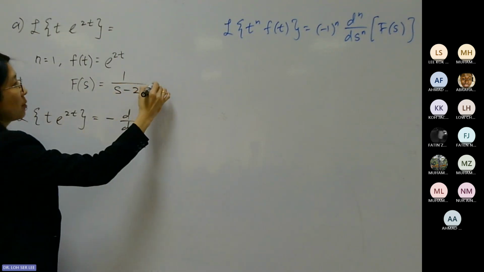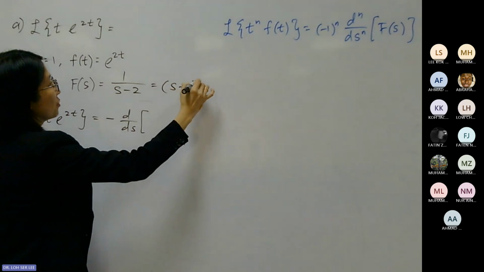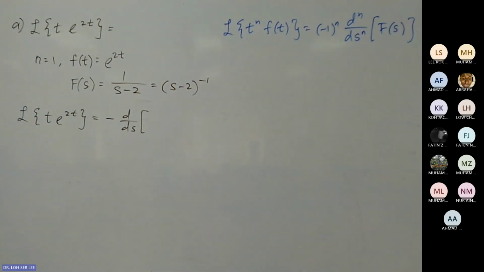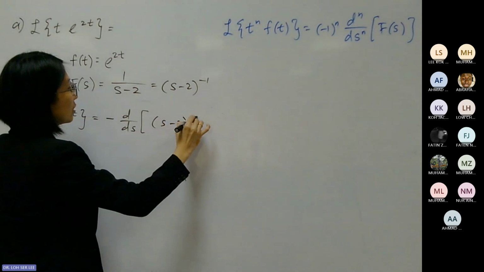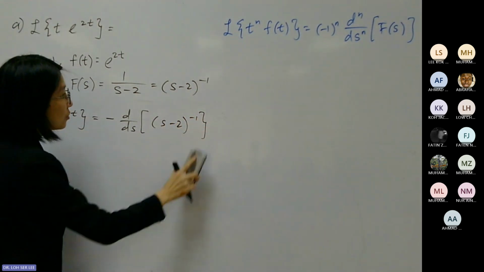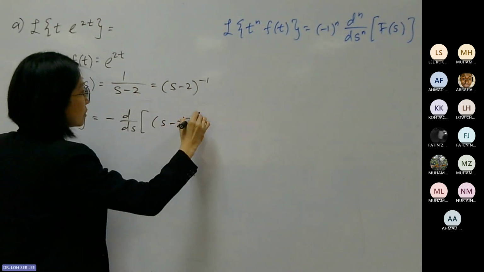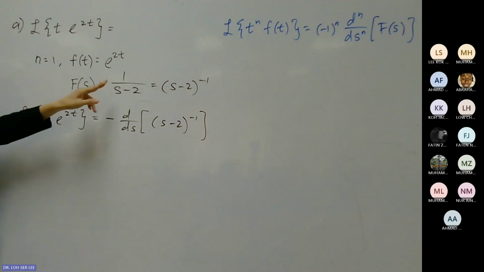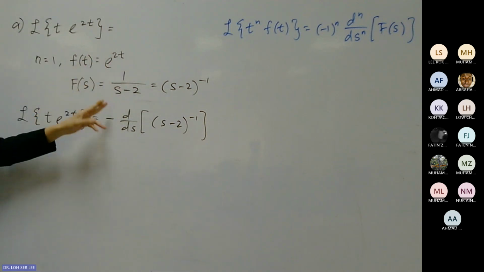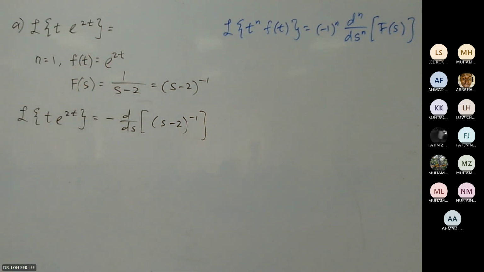So this can be written as (s minus 2) to the power of negative 1. Because there is no s at the top, we do not need to use the quotient rule. You just differentiate as usual. Unless you have an s at the top, then you have to apply the quotient rule.